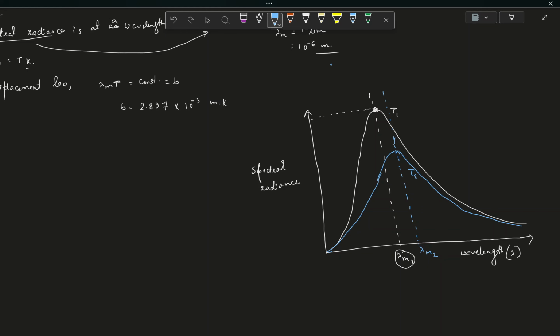Similarly, if you have another one, it will also follow the same thing.